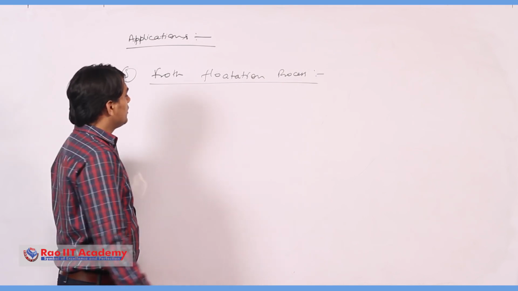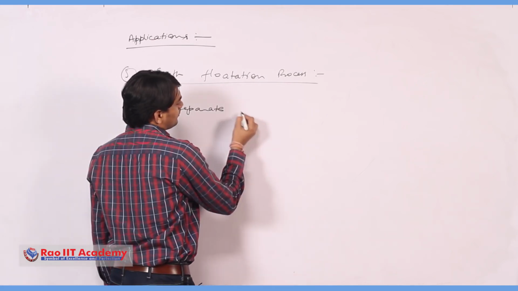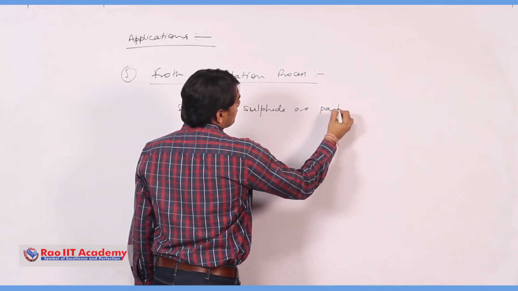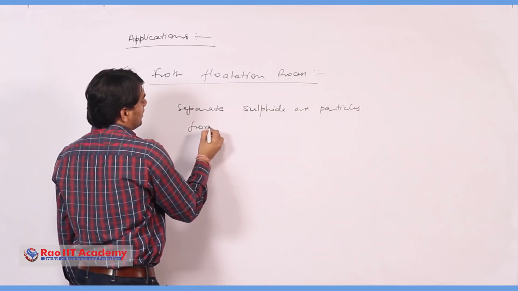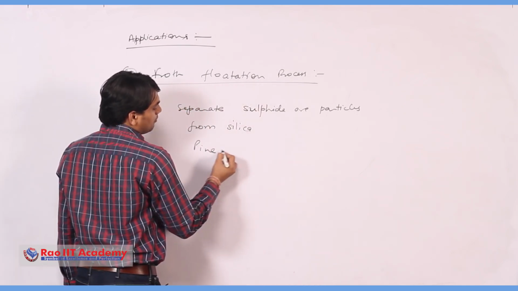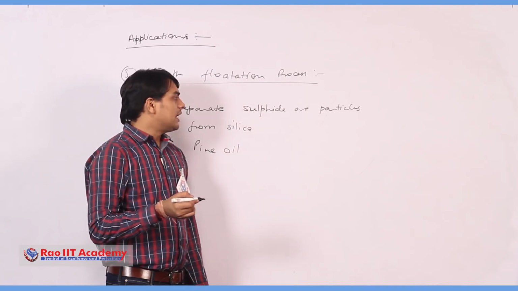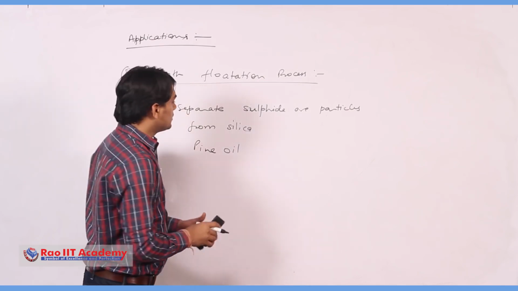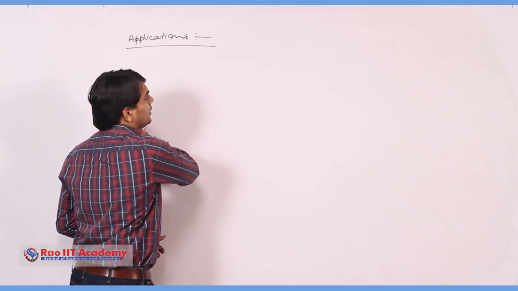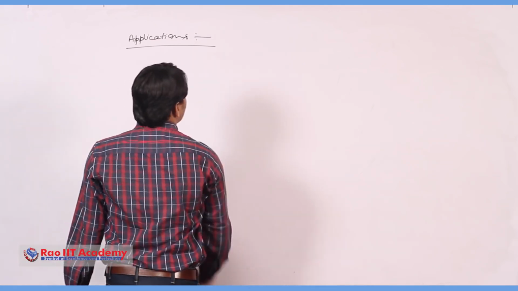In froth flotation, we separate sulfide ore particles from unwanted impurities like silica, and we use for that pine oil and some other oil, and these pine oil droplets get adsorbed on the surface of sulfide ores and float on the surface of the solution, hence can be concentrated easily with the help of adsorption process, or this application of adsorption.